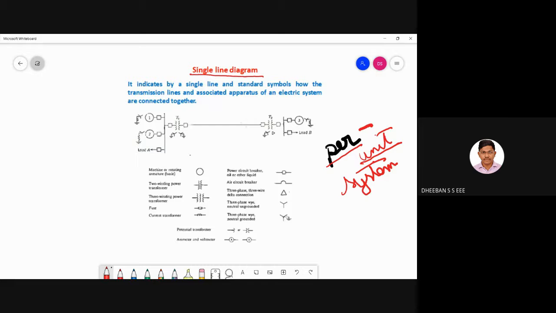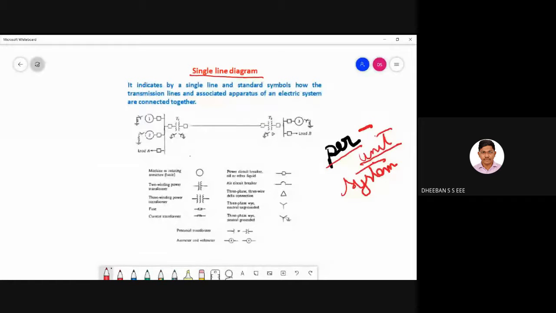In the single line diagram, there will be a generation part, a transmission part, and after that the load, that is, the consumer loads.